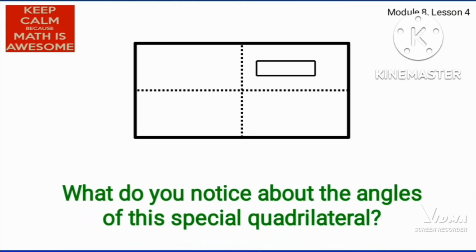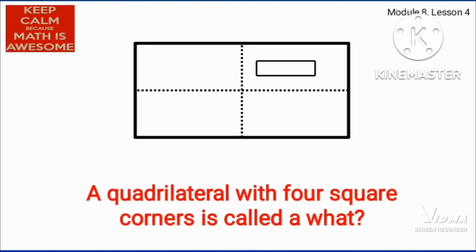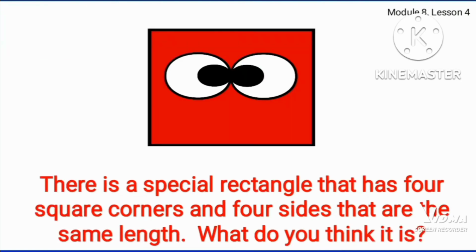Now, notice the angles of this quadrilateral. It's a special one. It has 4 square corners. We'll call it a rectangle. You already know that one.